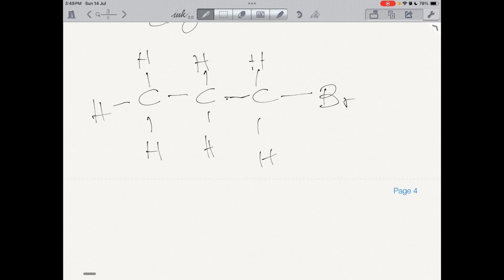Now, here you need to be very careful. The common name will just go straight to say propyl bromide.